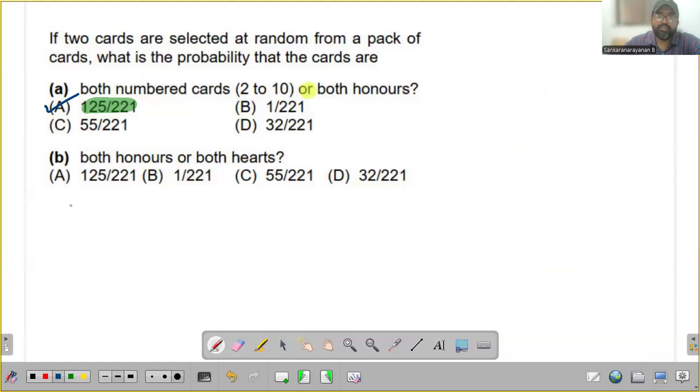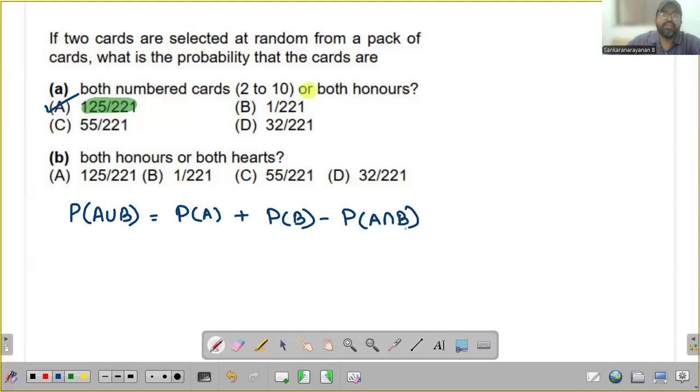So you will be mainly considering that logic, P of A union B is equal to P of A plus P of B minus P of A intersection B. Here they are asking what is the probability that both of them are honors or hearts. So A corresponds to honors, B corresponds to hearts. There can be honors and hearts together. So that also you have to take into account.